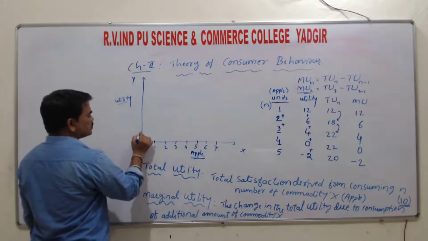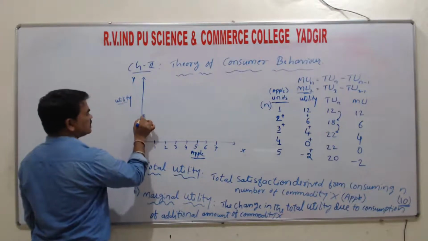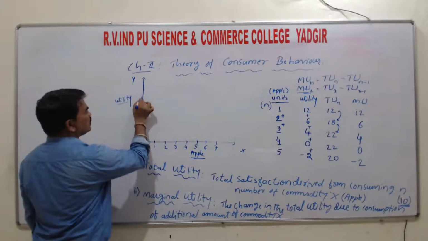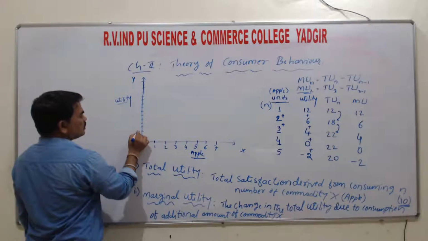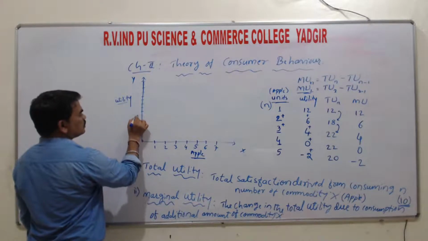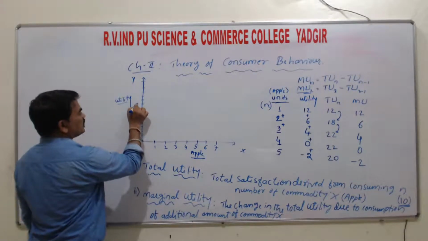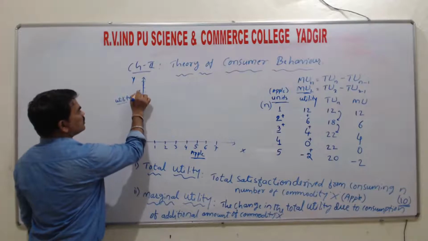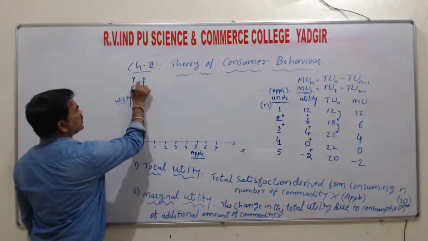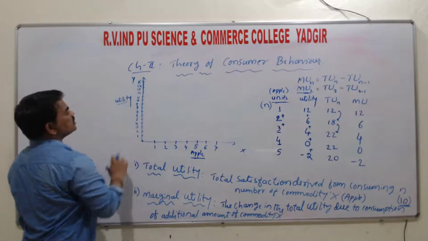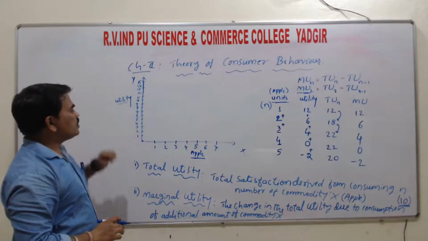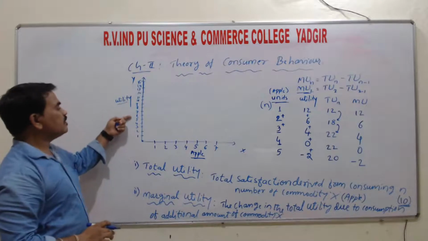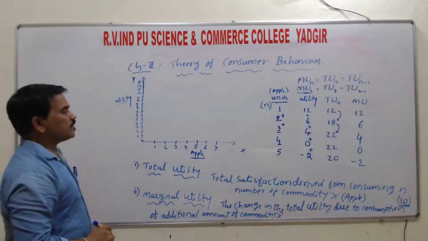Let's say 1, 2, 3, 4, 5, 6, 7, 8, 9, 10, 11, 12, 13, 14, 15. So utility we measure in terms of numbers. This is utility numbers.